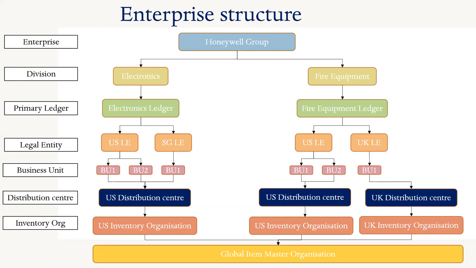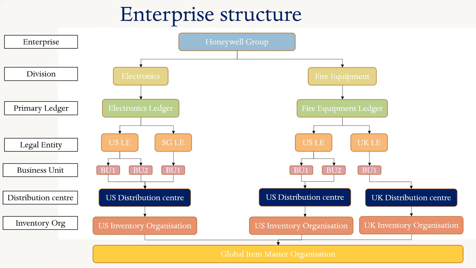So how is this different from R12? If you see the R12 structure, we have the business group on top of it, where I can create multiple business groups for different countries.